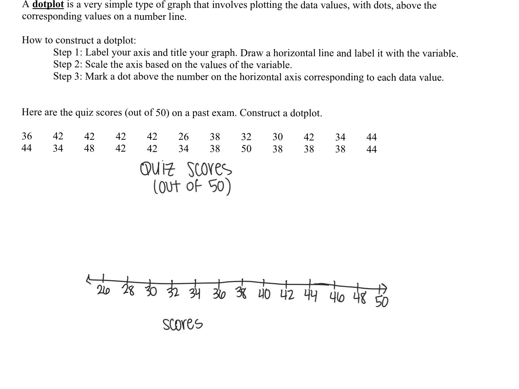And I am going to go up to 50 because there are a couple scores that are 50. And the nice thing is here, you don't have to organize the data in any way. You can literally go in the order it appears and just place your dots.